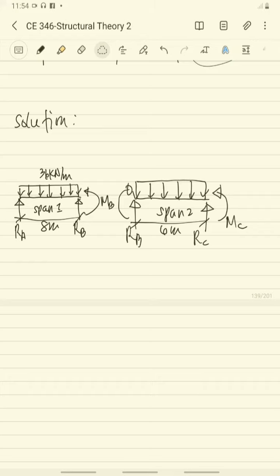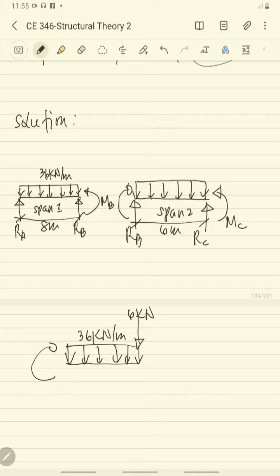So next, we will determine the moment at C. Okay, so this is the loading, the overhang loading. So you have here 6 kilonewton and you have 36 kilonewton per meter.